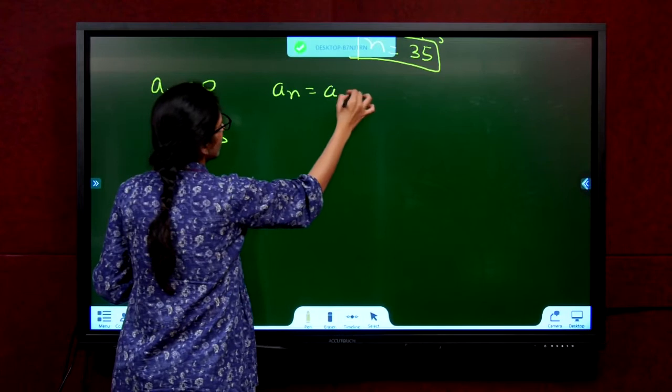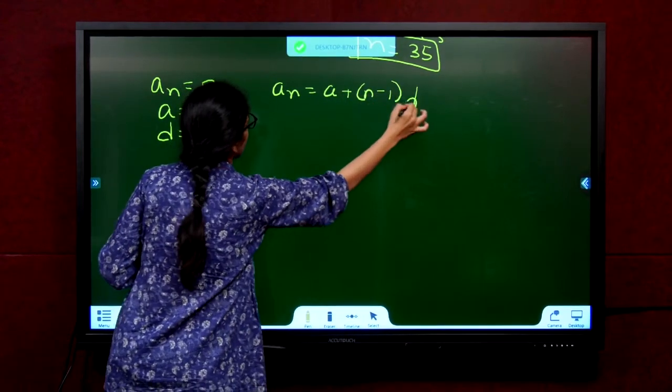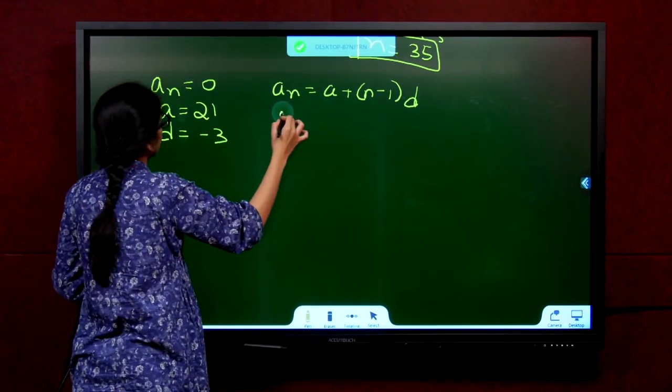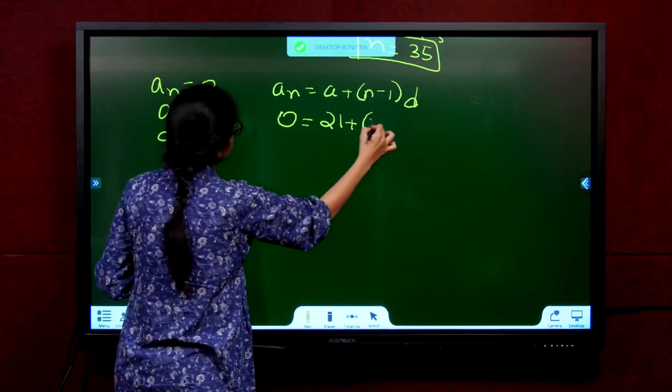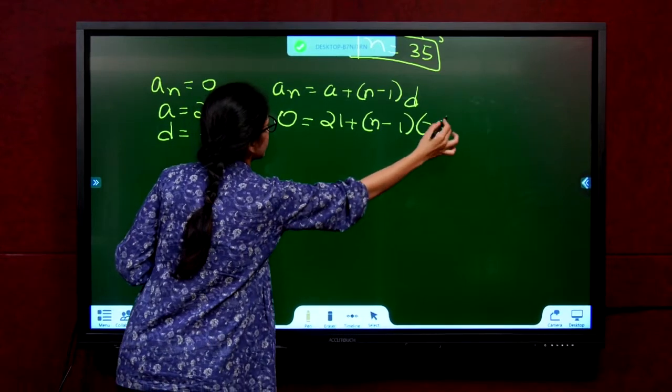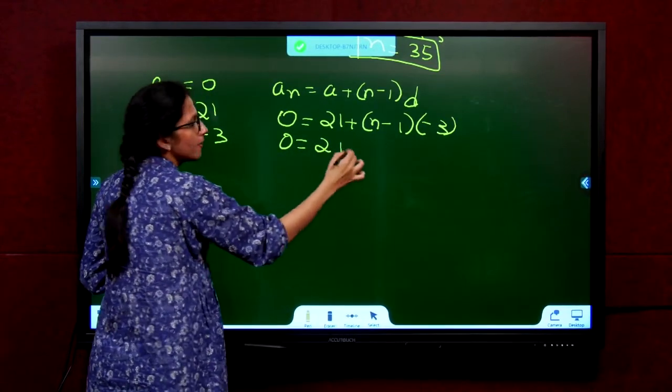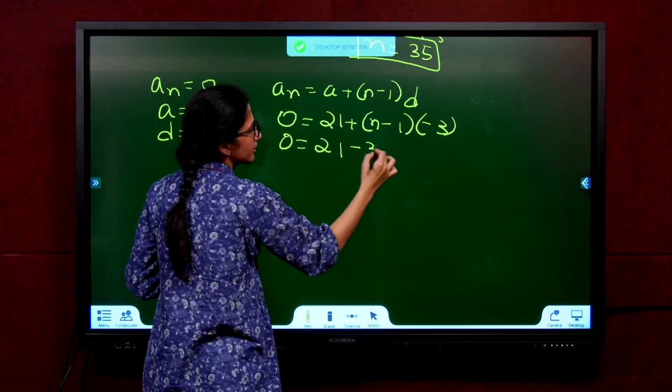an is equal to a plus n minus 1 into d. an is 0. a is 21, plus n minus 1, d is minus 3. Multiply minus 3 into n, minus 3n.